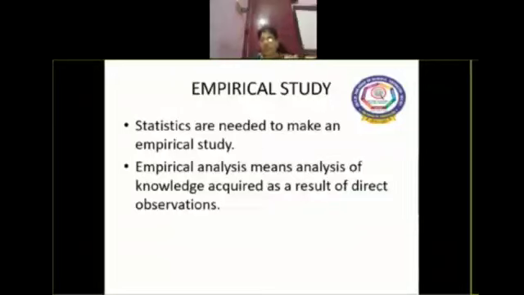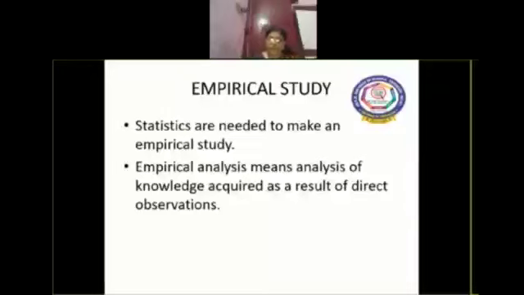For example, your name, father's name or occupation, and your previous marks, everything. From this, they will directly observe all this data, and depending on that, they will decide, isn't it? So empirical analysis means analysis of knowledge acquired as a result of direct observations.